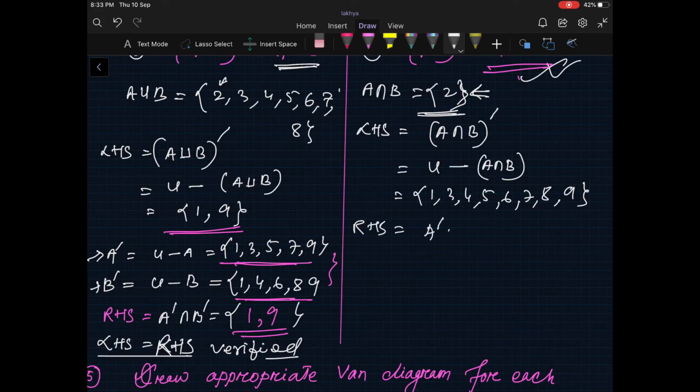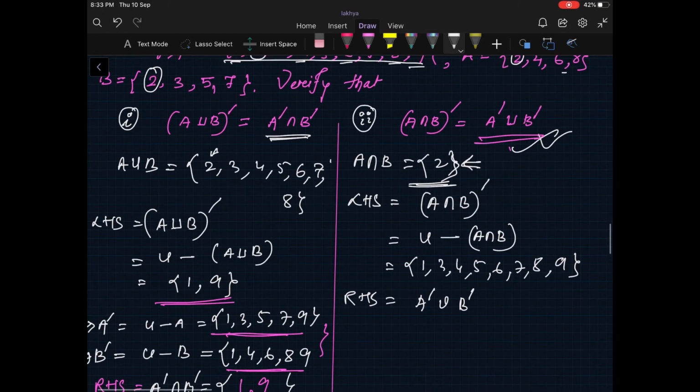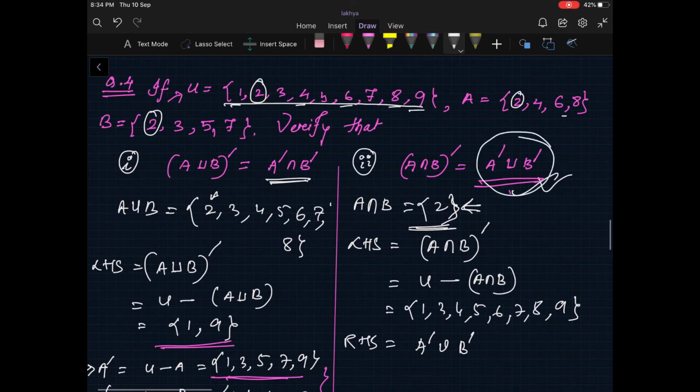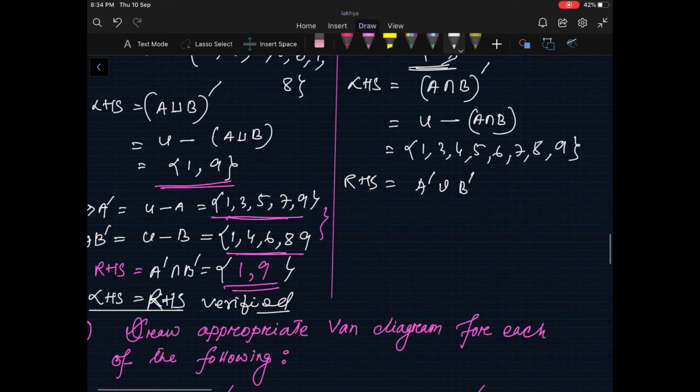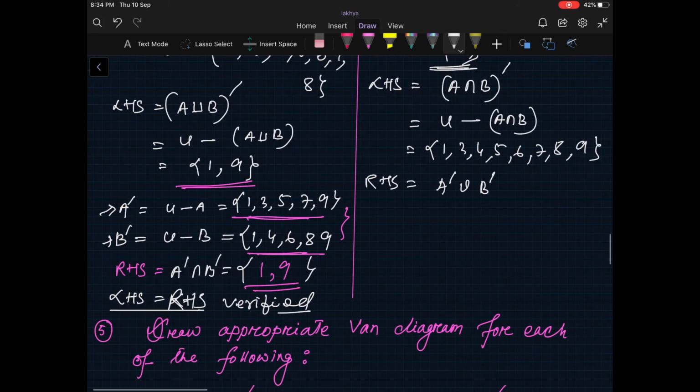Then the right hand side is A complement union B complement. We have already got A complement and B complement here. So just find the union of these two sets.